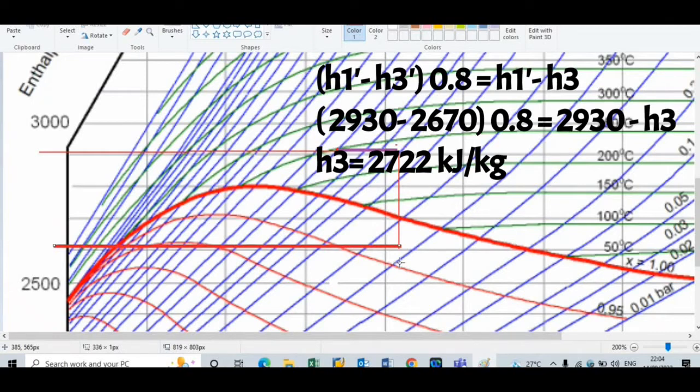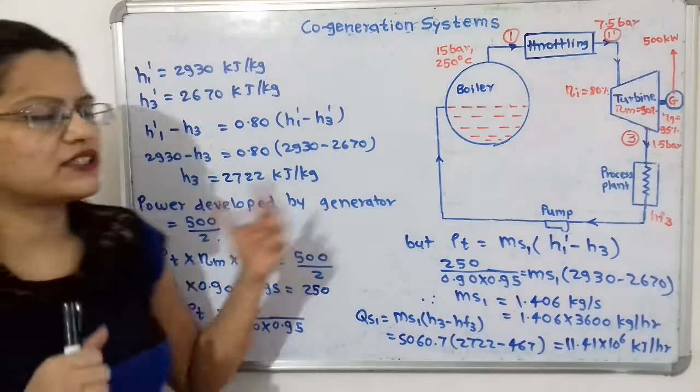So we have the formula: H1 dash minus H3 dash multiplied by 0.8 is equal to H1 dash minus H3. Now H1 dash and H3 dash are known and only one value is unknown, that is H3, and H3 is equal to 2722 kilojoule per kilogram.